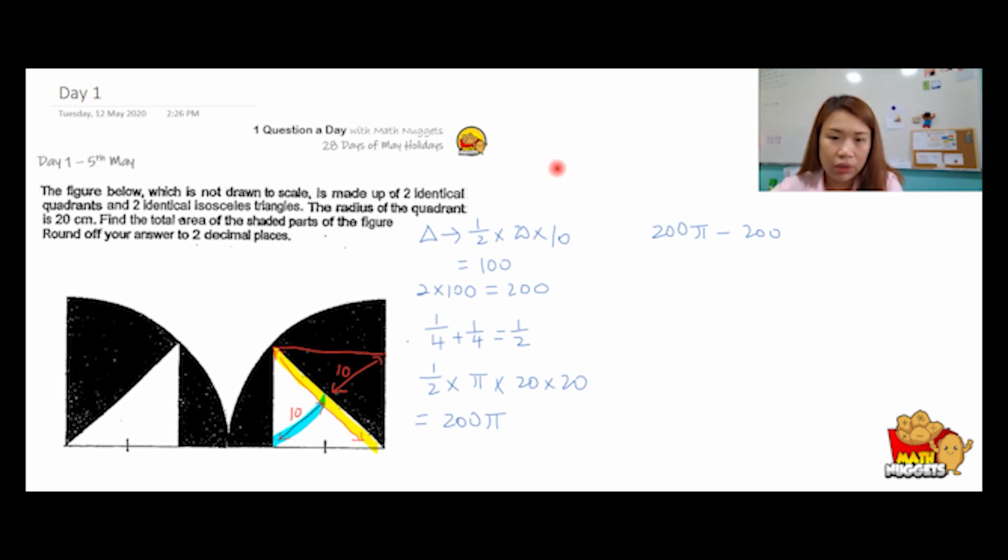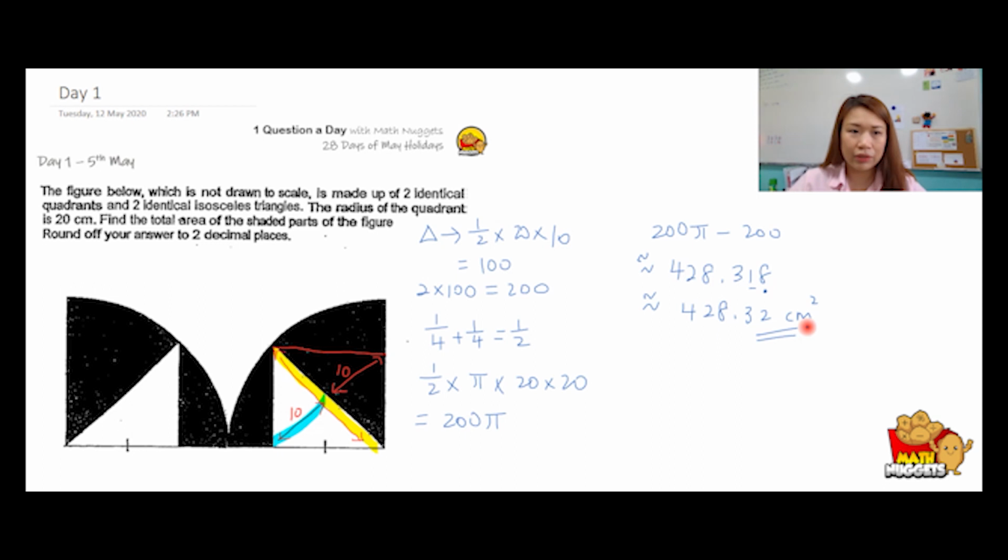Okay, I'm supposed to have approximately equals to 428.318, and they asked us to round off to 2 decimal places, so 2 is here. I'll check the third decimal place, so that's 428.32 square centimeters, and that's the answer for day 1.